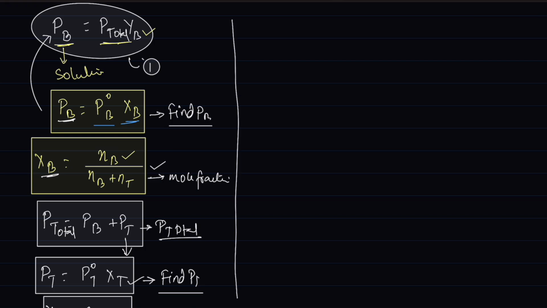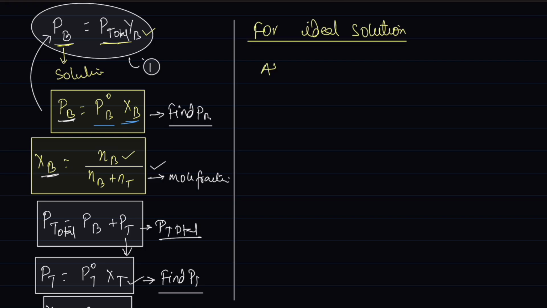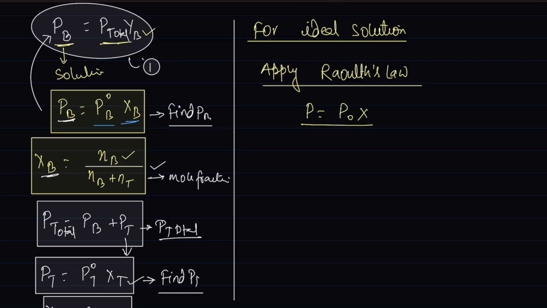So now we can solve this question. Let's start. We already have the idea how to start. Apply Raoult's law: P is equal to P naught into mole fraction. For benzene, PB is equal to P naught B into XB.